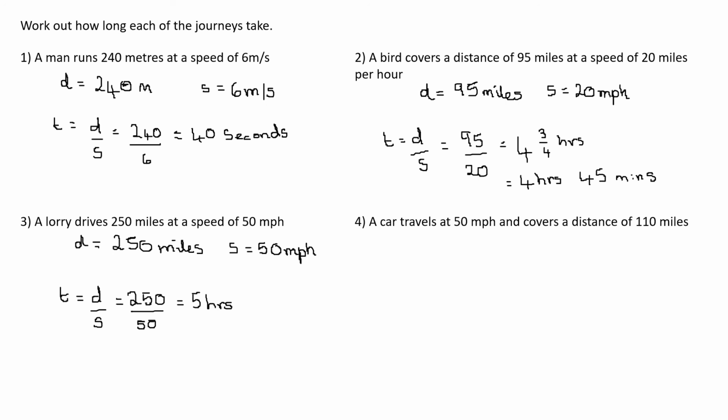And the final question, a car travels at 50 miles per hour and covers a distance of 110 miles. So our distance is 110 miles and our speed is 50 miles per hour.